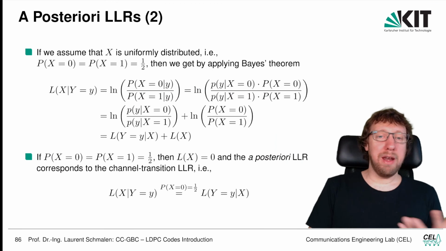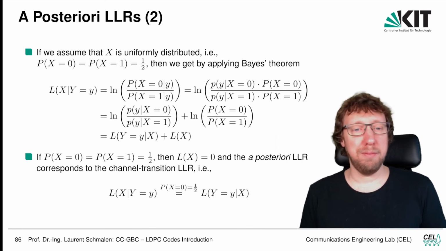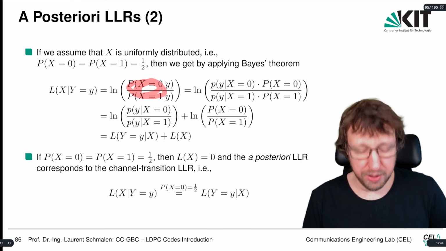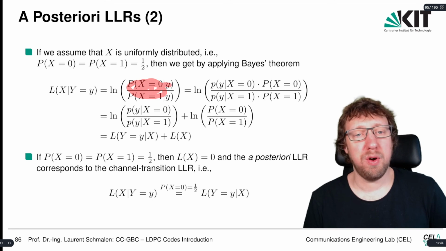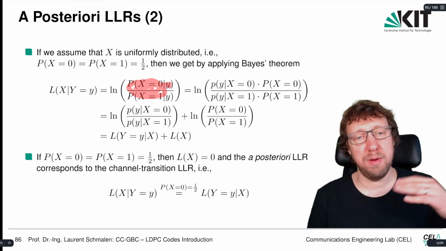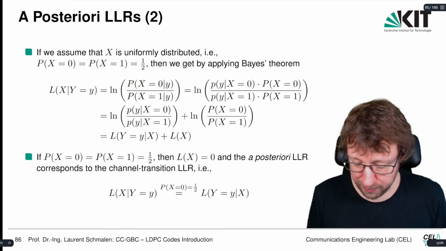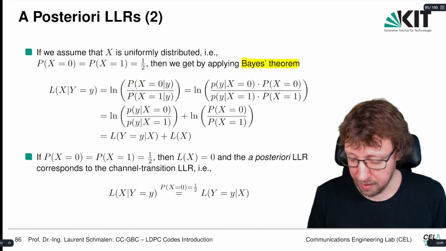So we can massage this expression a little bit. So L of x given y, we insert the definition. So we insert the a posteriori probabilities p of x equals 0 given y divided by p of x equals 1 given y. And then we apply our very good old friend Bayes' theorem.